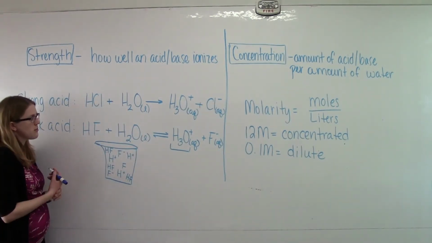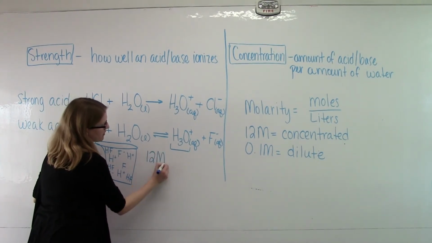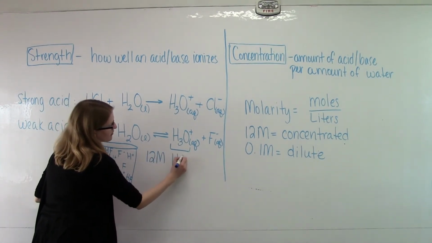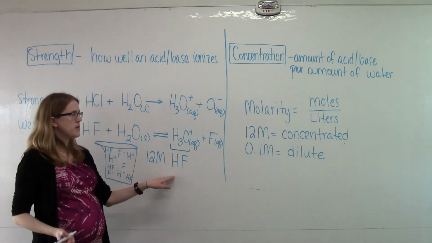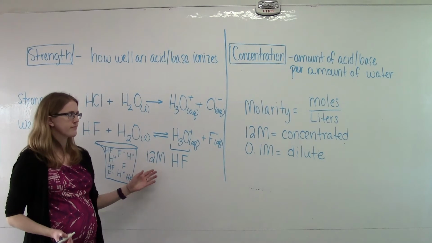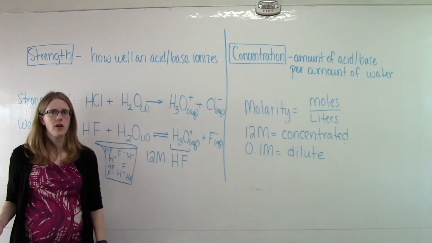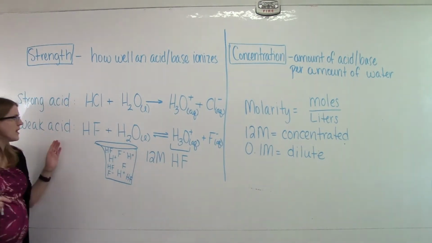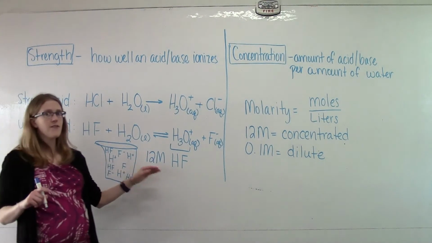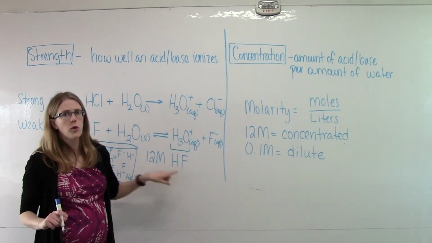Okay, so let's talk about if we had 12 molar HF. Would this acid, hydrofluoric acid, be concentrated? Well, yeah. Why? Because it has a very high molarity. But HF is a weak acid. So you can, in fact, have a concentrated weak acid.